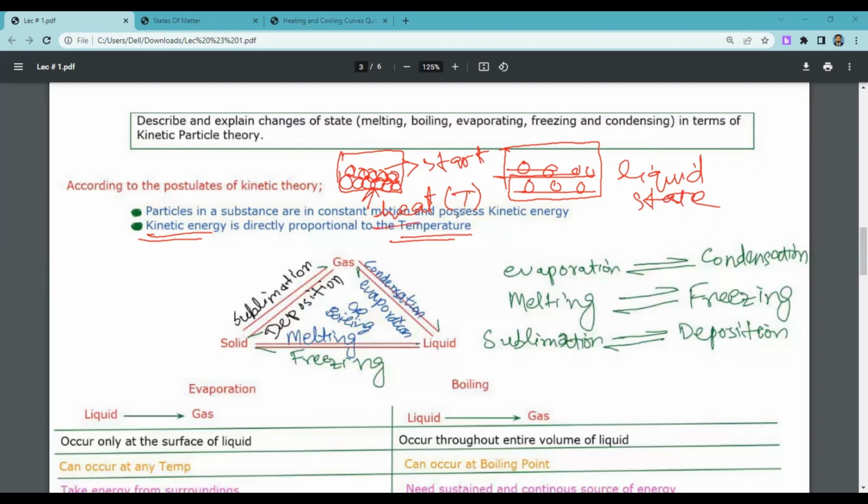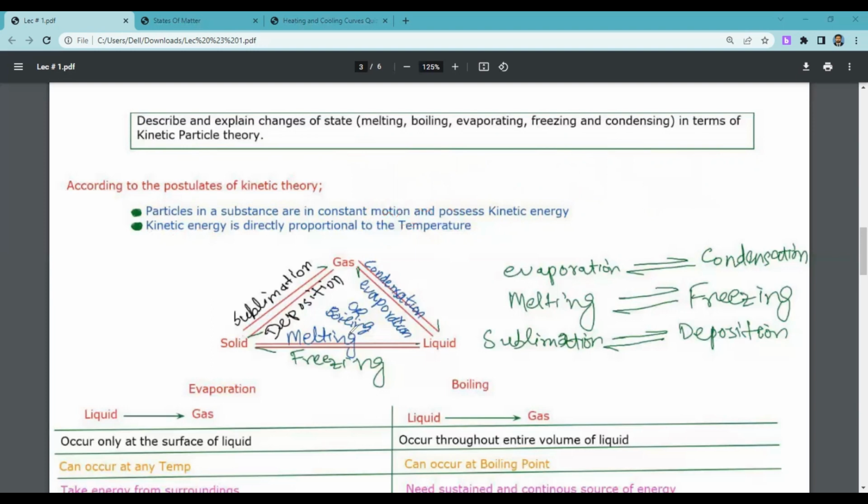This phenomenon in which a solid is converted into a liquid is called melting. If a liquid is converted into a solid, this phenomenon is called freezing. I am repeating again.